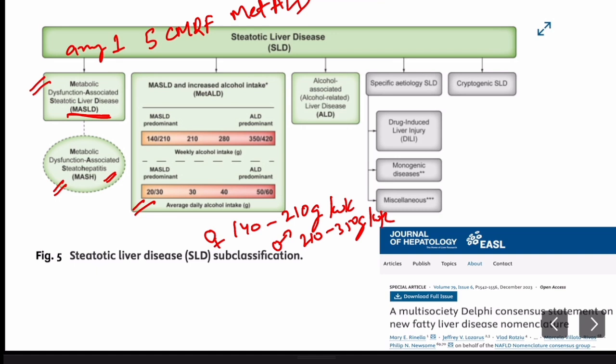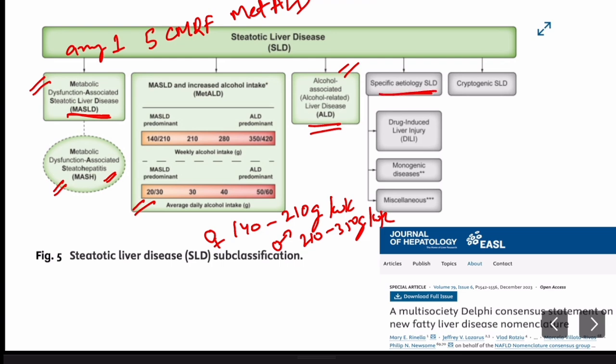Then we have the category alcohol associated or alcohol related liver disease that we covered in the last lecture. In alcohol associated liver disease, there is a very high intake of alcohol, and that is driving the damage taking place in the liver. Now the other categories, so there is specific etiology SLD.